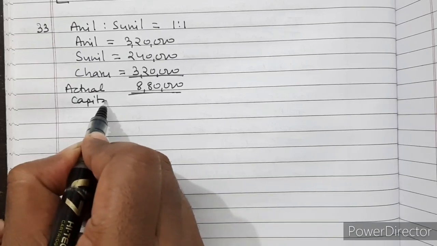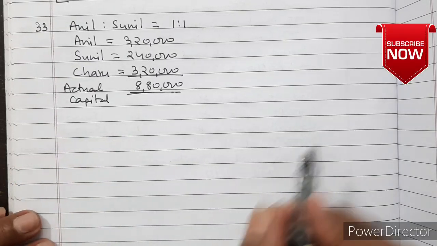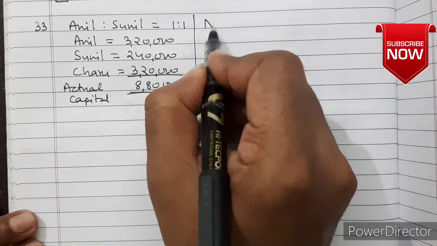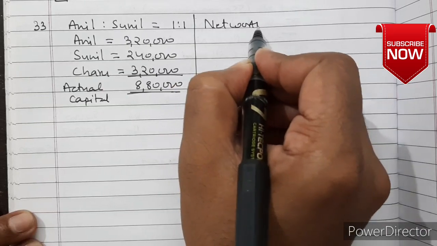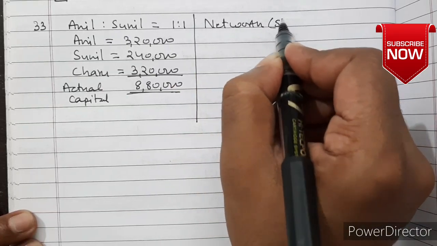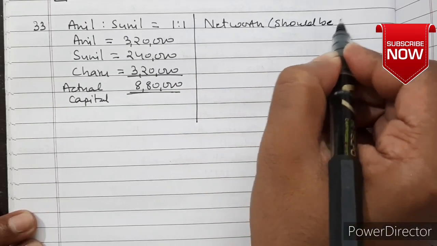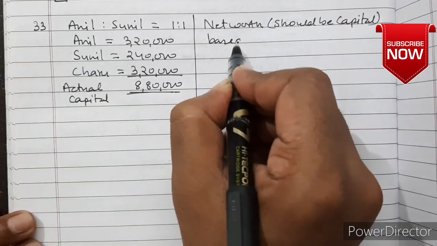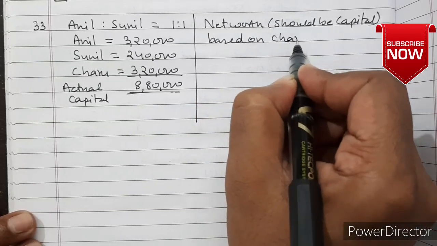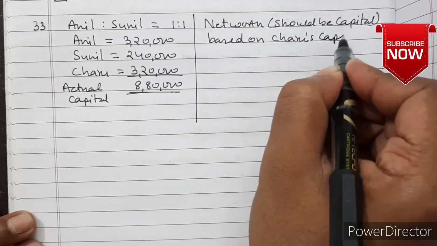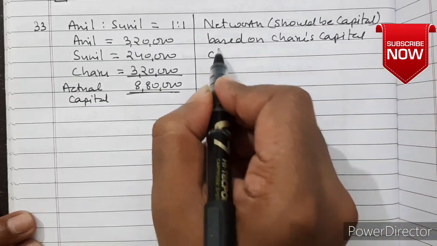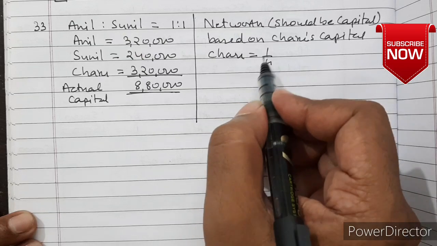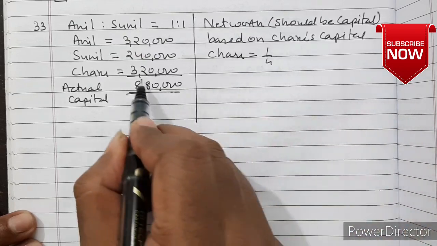of the firm. But at the same time we have to calculate the net worth or should-be capital, which is based on Charu's capital. So Charu gets 1/4 share in the profit and Charu's capital is 3,20,000.